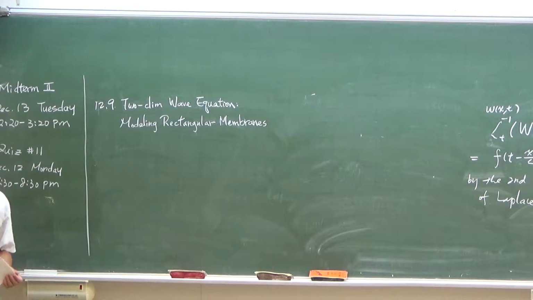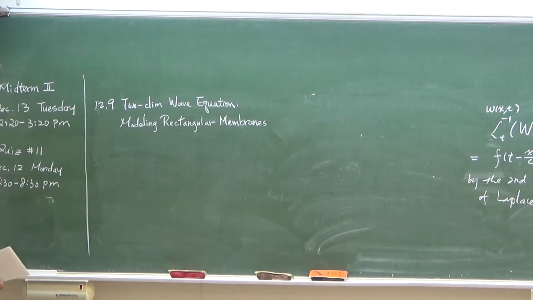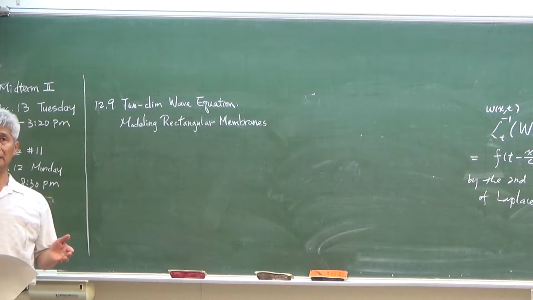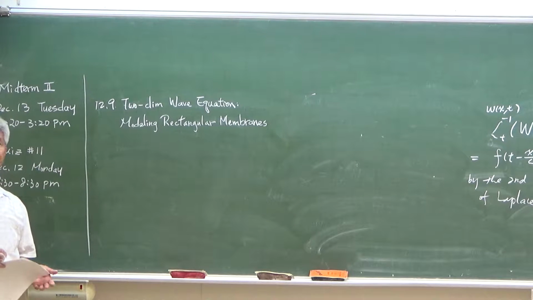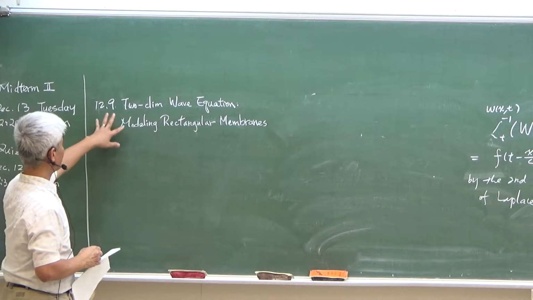Actually, we used at least three kinds of methods to solve the one-dimensional wave equation. One is the method of separating variables, another is the numbers method, or we can use the Laplace transform.